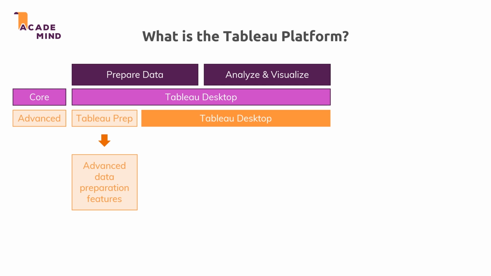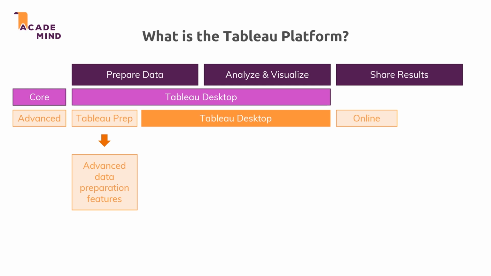Besides that, you also might want to share the results that we obtained in this course. And as you saw, we can store the data to the Tableau cloud in Tableau Public, but with that, well, the data is basically available for anybody. So in case you want to have more advanced sharing features, you also have tools available in the Tableau platform. These tools are Tableau Online and Tableau Server. Both have the same purpose.